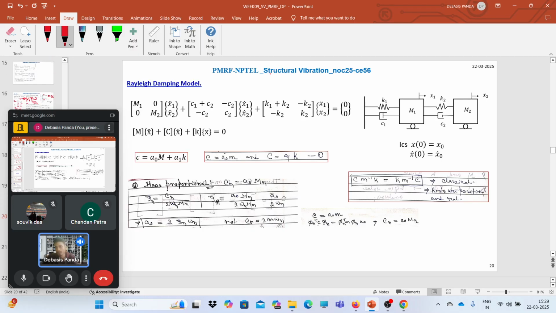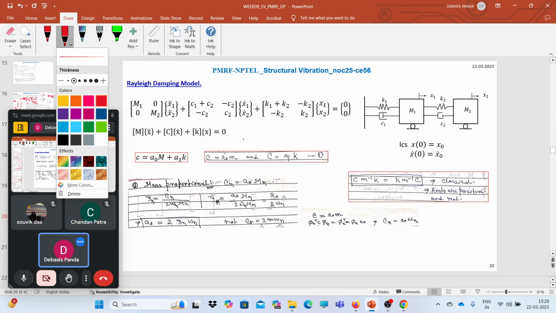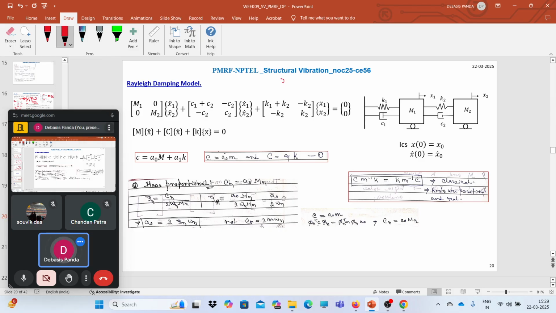We have already discussed a few things about it. The model is very simple: C equals A0 M plus A1 K. That means he has proposed a relation with mass proportionality and also stiffness proportionality.